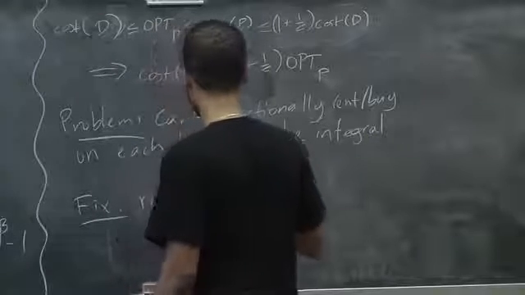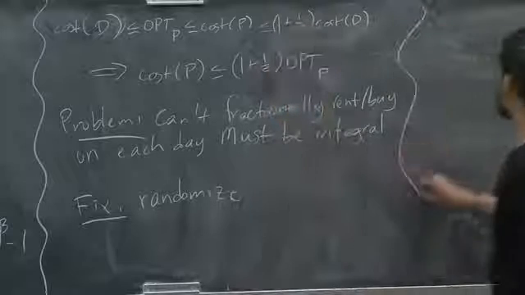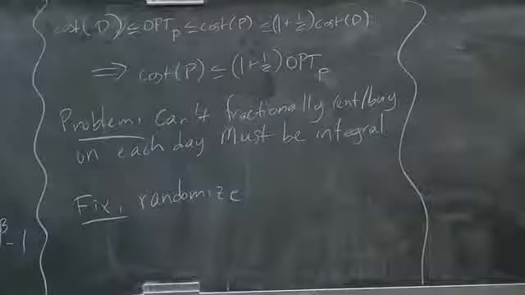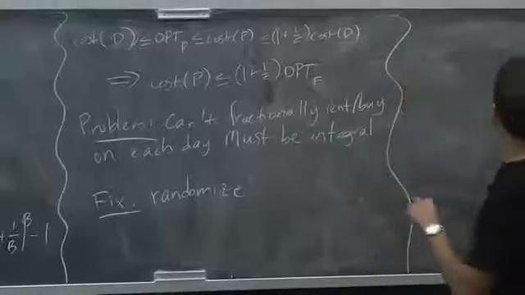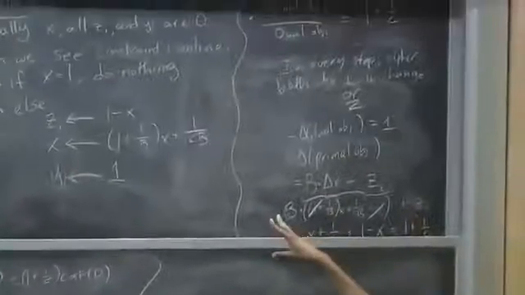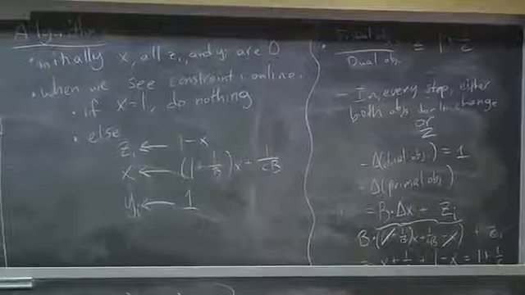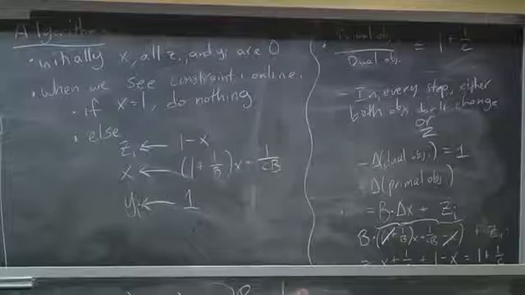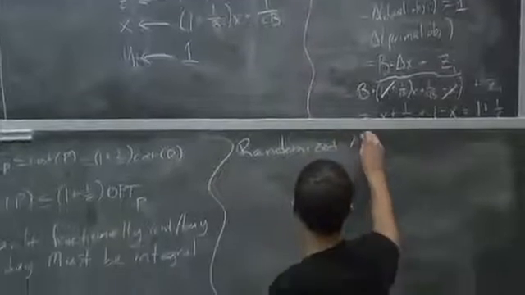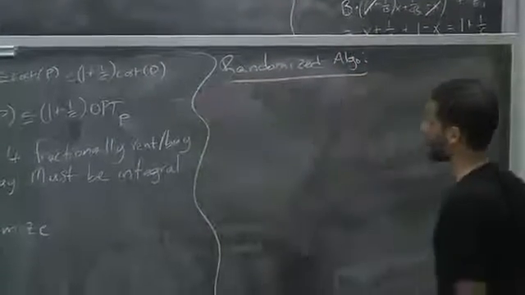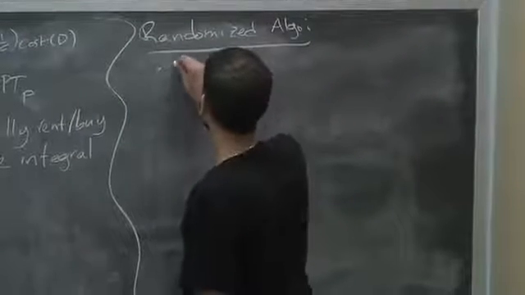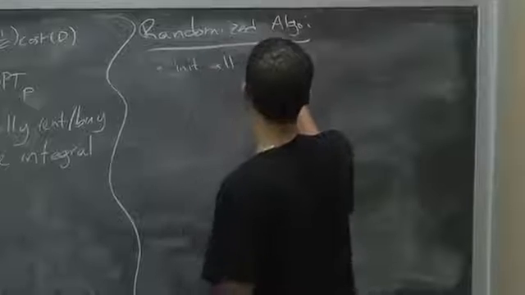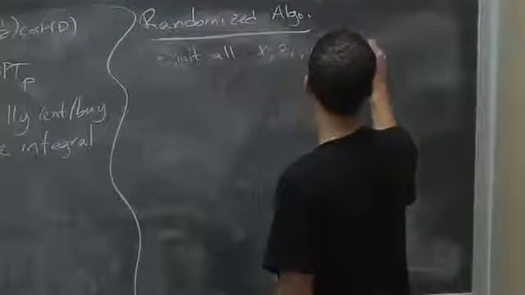And how do we do that? So the randomized algorithm that I'm going to tell you is going to actually maintain that in its memory. But it's going to do something first. The first thing it's going to do is initialize all of x, zi, and yi to 0 as before.